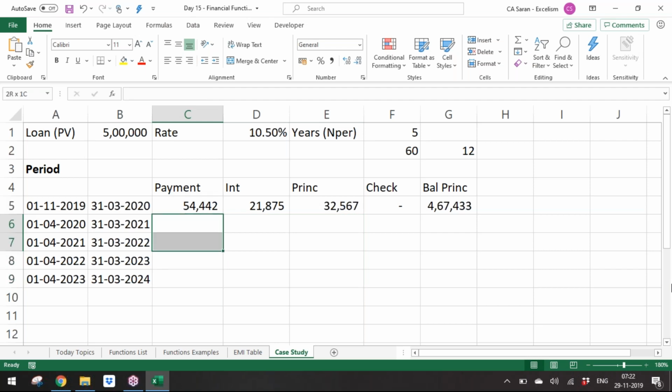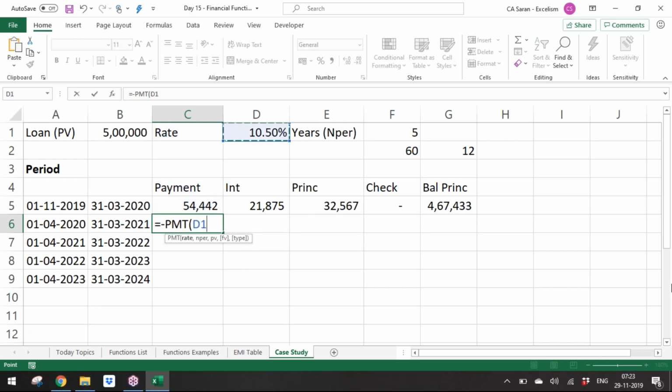Now considering this, if I want to pay over 4 years, then what I need to do is take the same thing, PMT equal to PMT. Now, what is the rate of interest? This, comma, number of periods, another 4 years, so comma 4, then present value is this, because after 1 year, this is the balance which we are having.